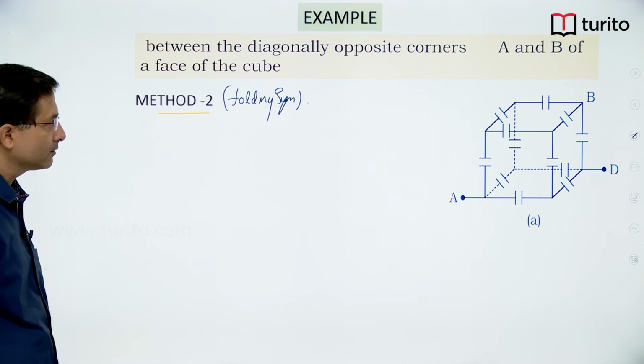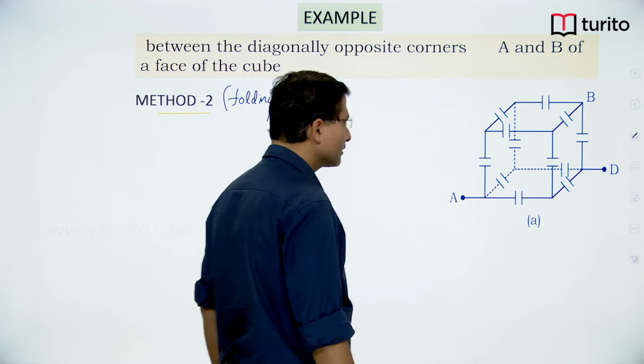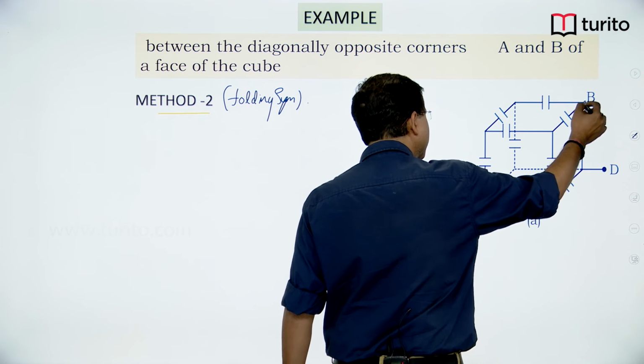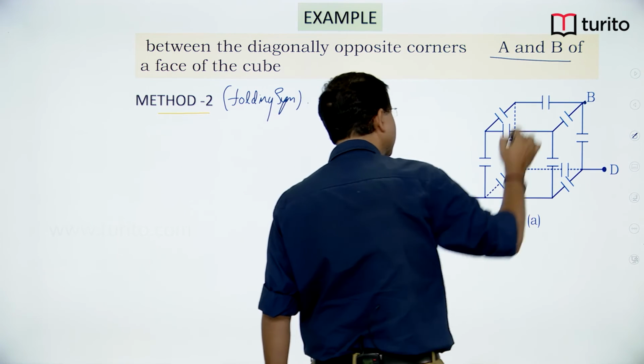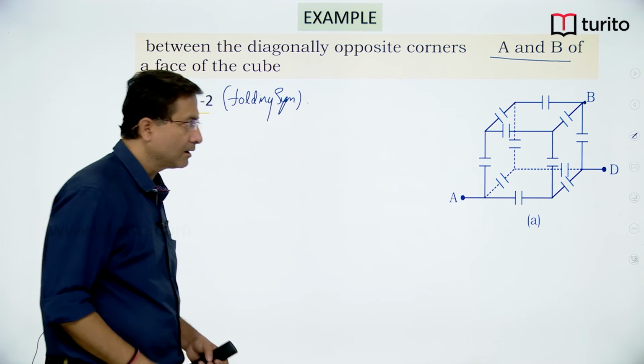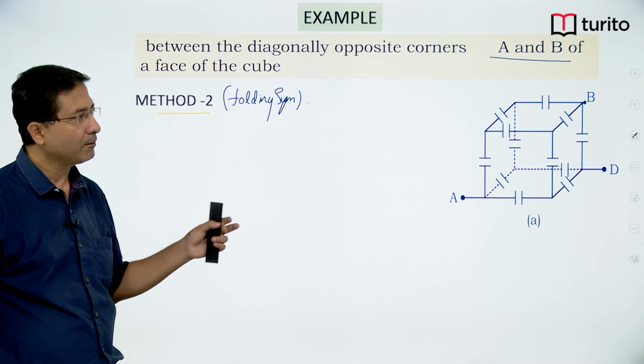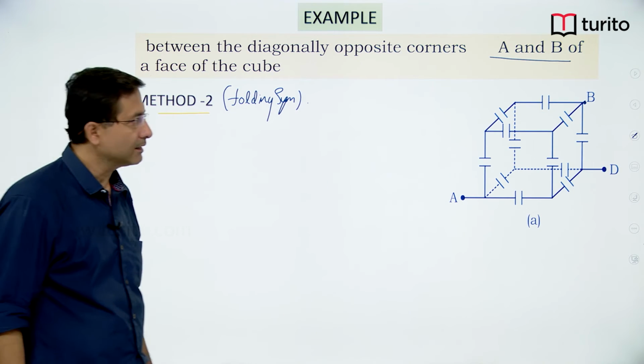Folding symmetry. Here, if we are connecting the battery across AB, the line joining AB, about that line the whole circuit is symmetric.